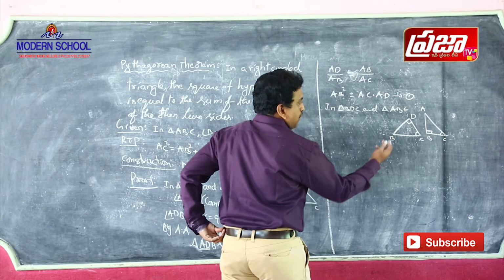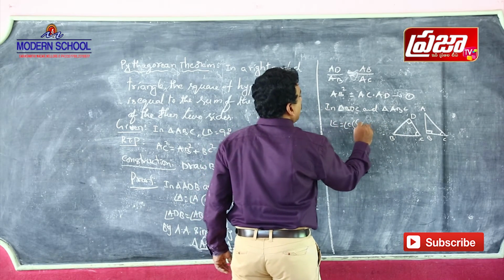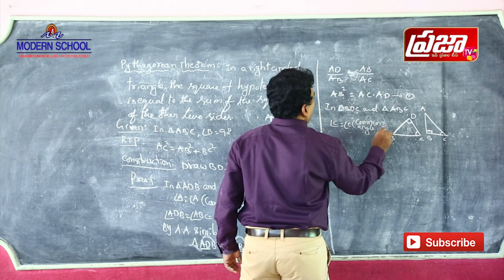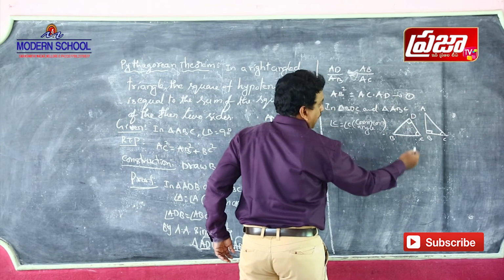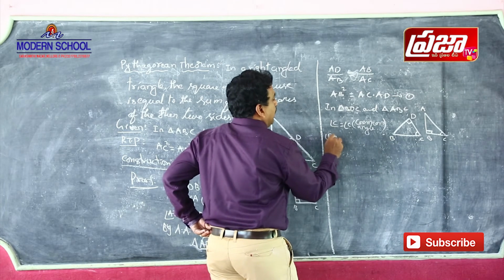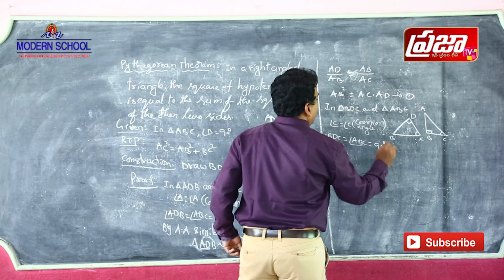Angle C is equal to angle C, common angle. And how much is angle BDC? 90. Angle ABC? 90. Angle BDC is equal to angle ABC equal to 90.